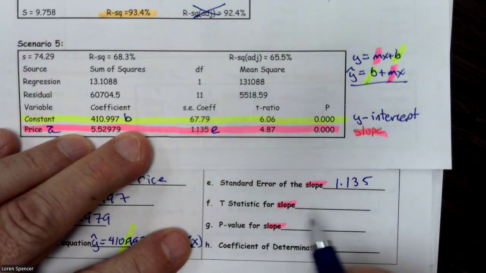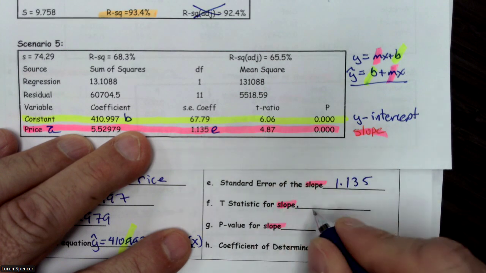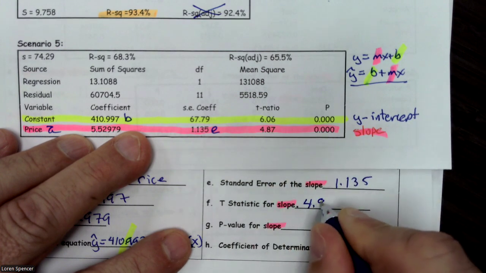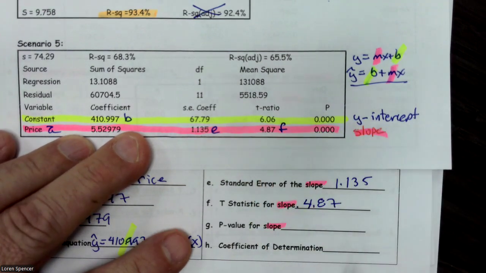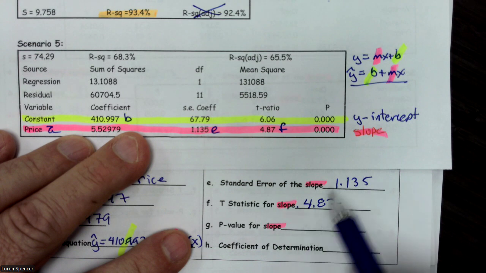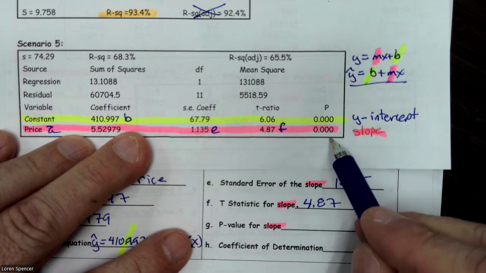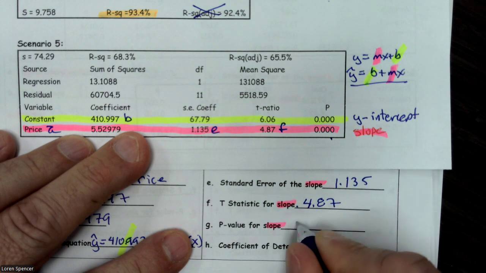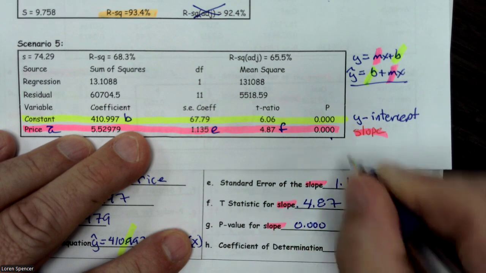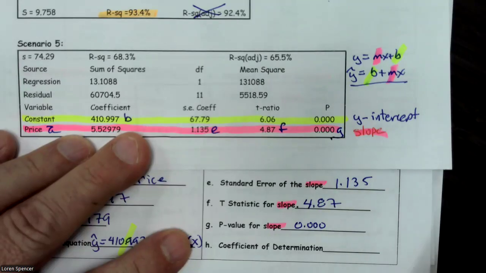I have two t statistics, but it wants it of the slope, so it needs to be on the slope row. So this is 4.87. And then it asks for the p-value of the slope. I have two p-values, but I want the one on the slope row. So this is going to be 0.000, and this is letter G.